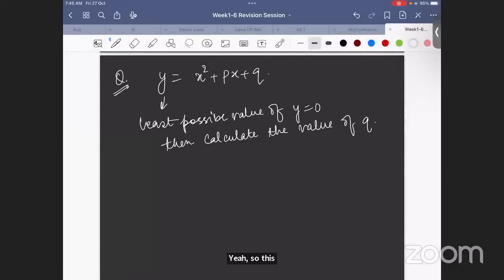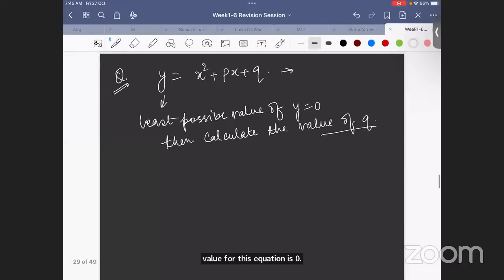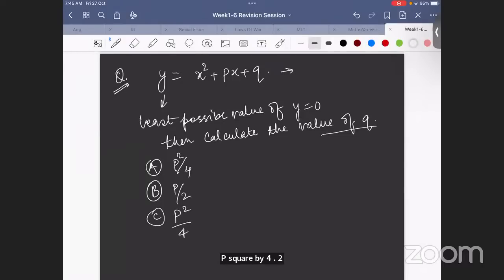So basically you have an equation given, and you have been told that the least possible value for this equation is 0. Then you have to calculate the value of q, and options have been given: P square by 4, P by 2, P square by 4 minus Q, and then D equals to 0.